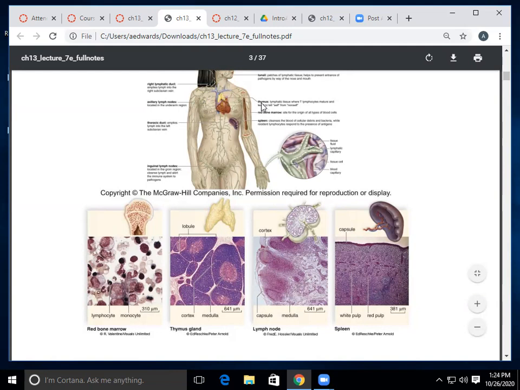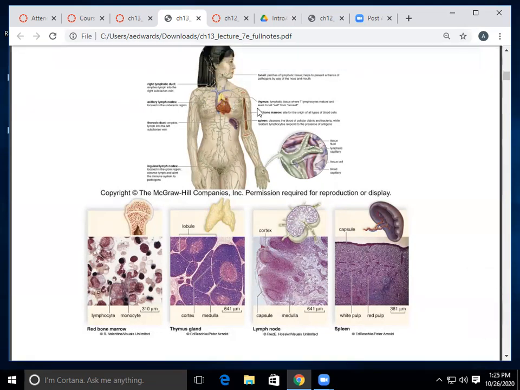All right, the thymus, just superior to the heart. T lymphocytes mature there, and they're involved in immunity. We'll talk more about what they do later. You have your red bone marrow, where all your types of blood cells form.